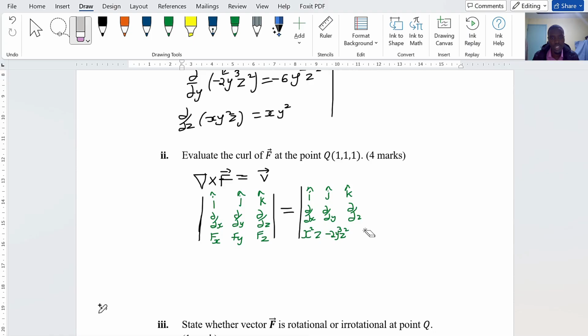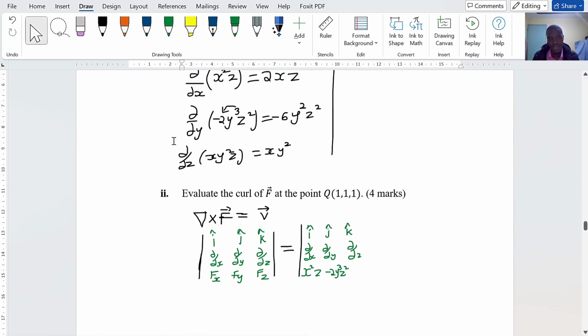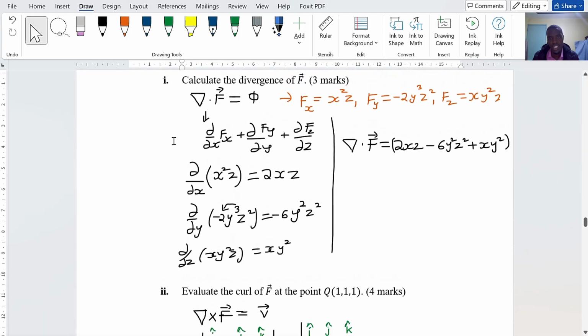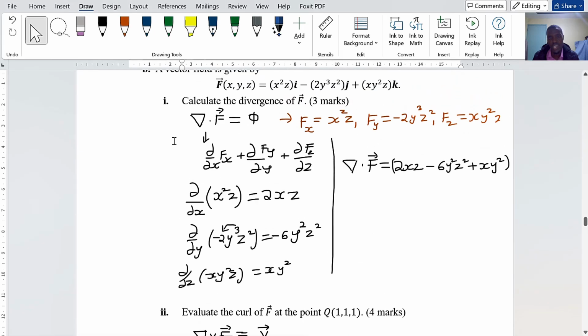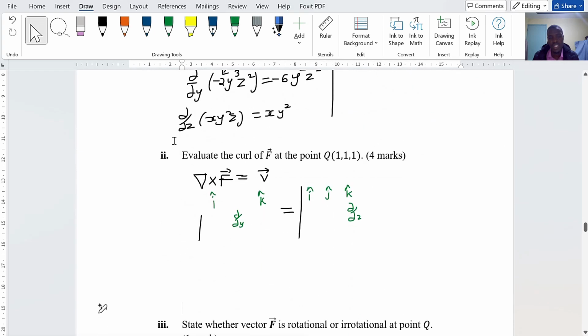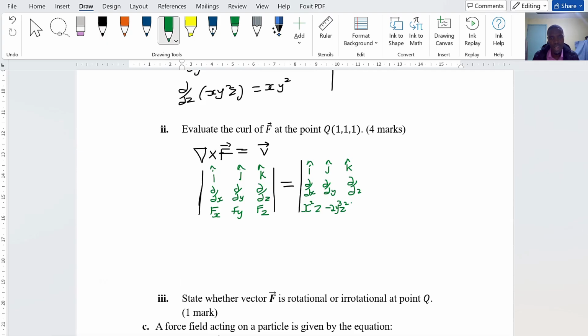Then negative 2 y cubed z squared. Then Fz is x y squared z. Now I can have my line there.